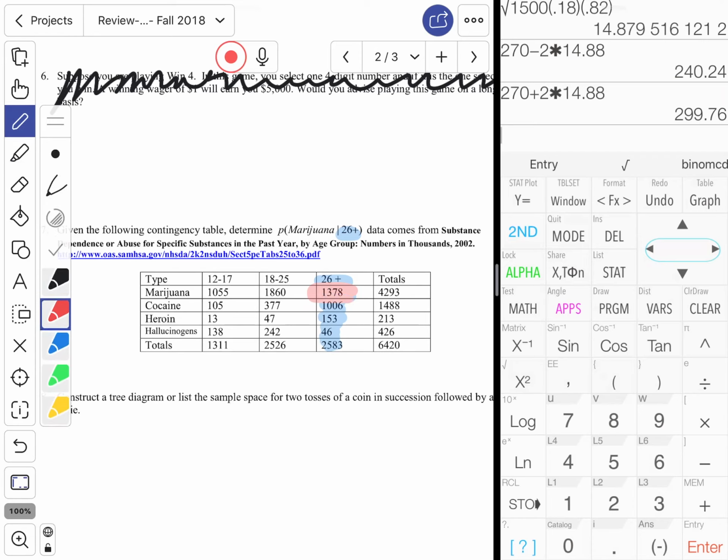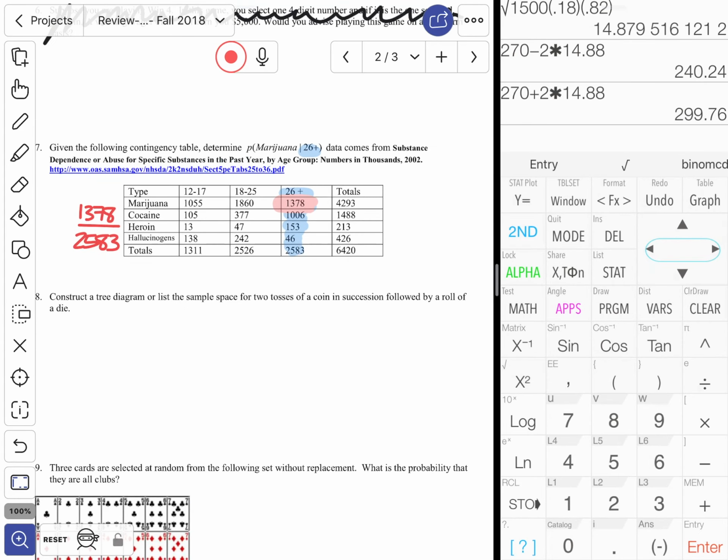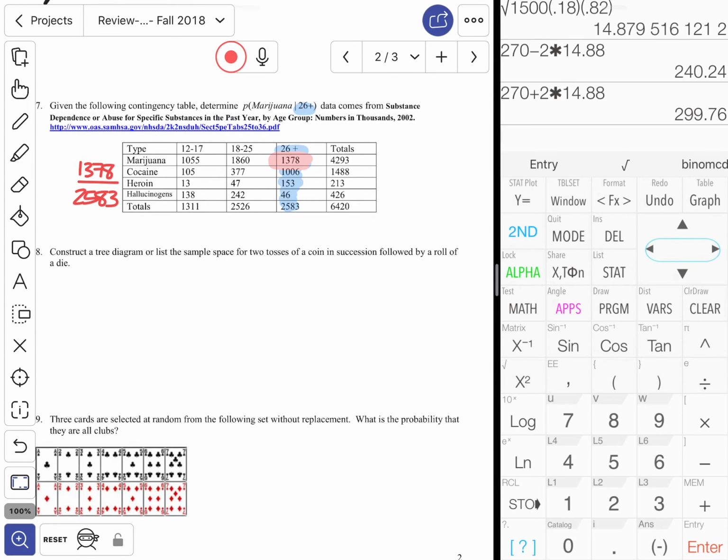So we're looking at, I'll just jot it off on the side here, 1378 out of 2583. And that's it. Those contingency table questions are the easiest ones. I mean, to come up with an answer. They're also very unforgiving if you screw it up, so take your time and be careful.